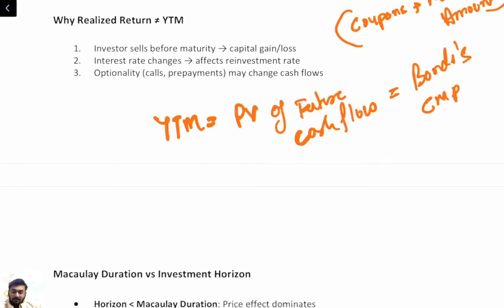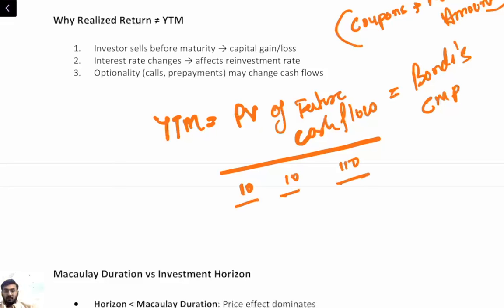Means it is saying that you are getting say $10, $10 and 110. Suppose the YTM which I know is 10%, and this 10% actually says that after discounting the present value of the bond is 100.